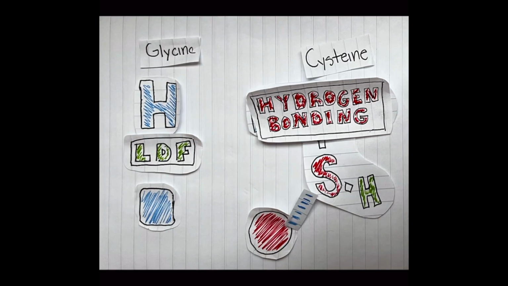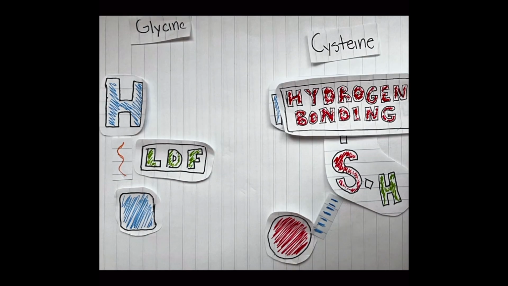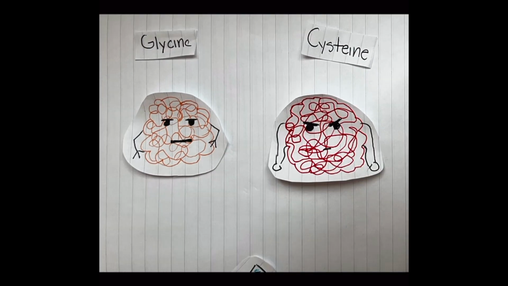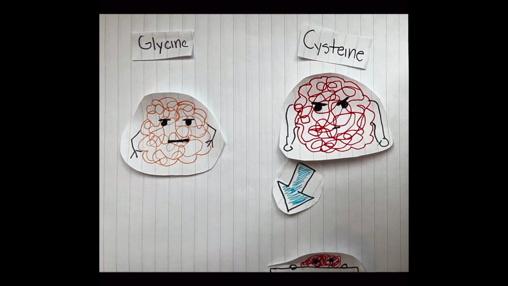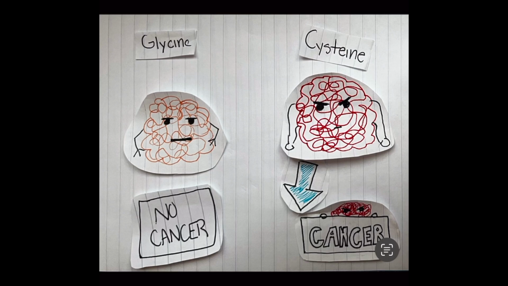The different interactions the 2 amino acids can participate in mean they interact differently within a protein. This changes the shape of the protein. In the case of the Ras protein, the changed shape is the reason why the protein is always activated and causing cancer. Who knows what this information can hold for the future?